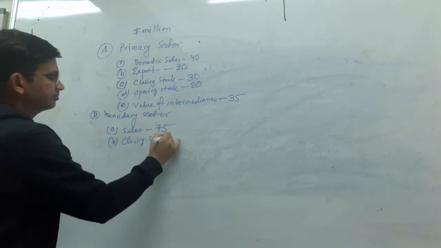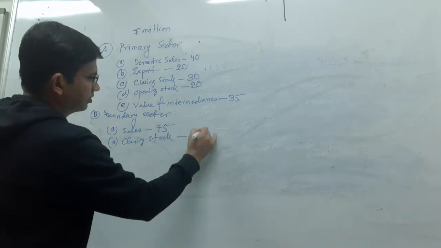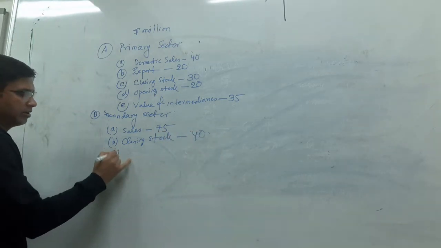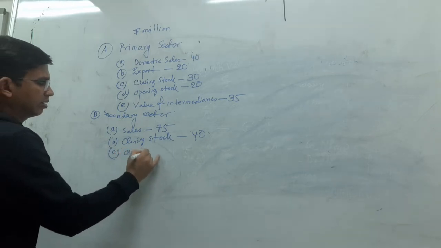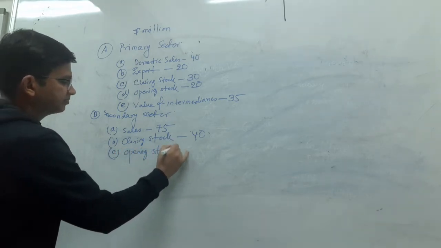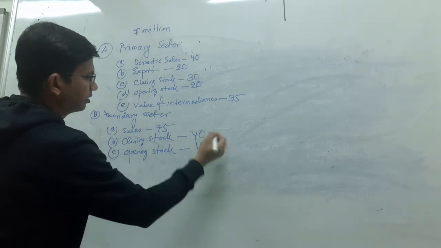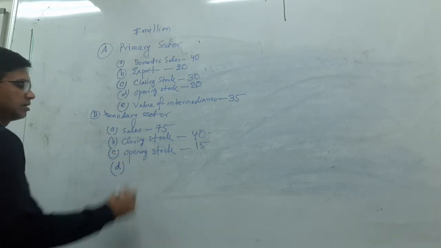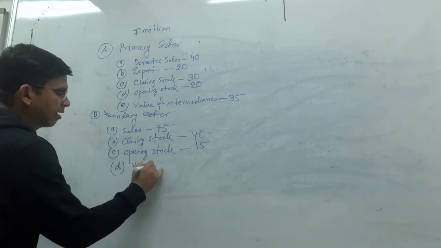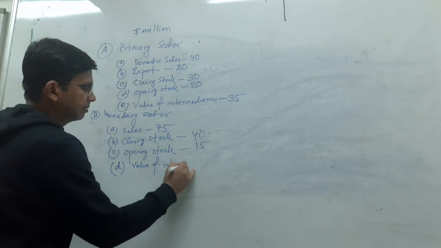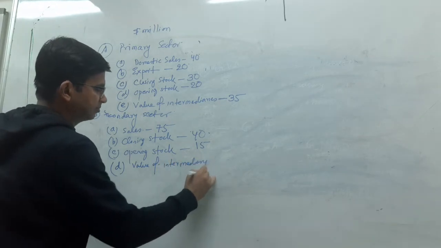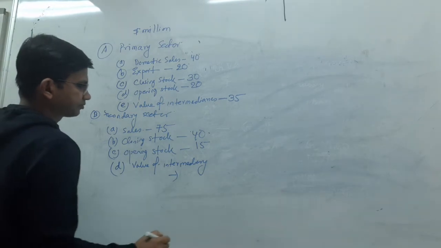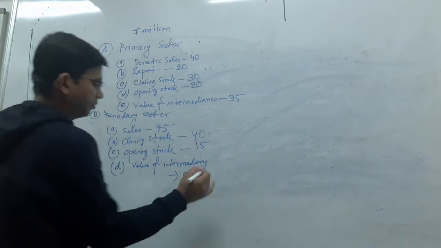Closing stock 40. Opening stock 15. Value of intermediary 55.